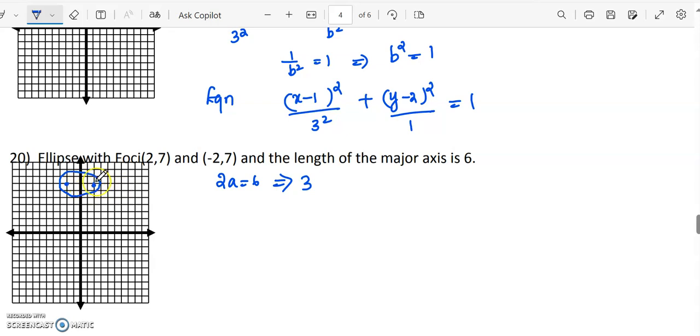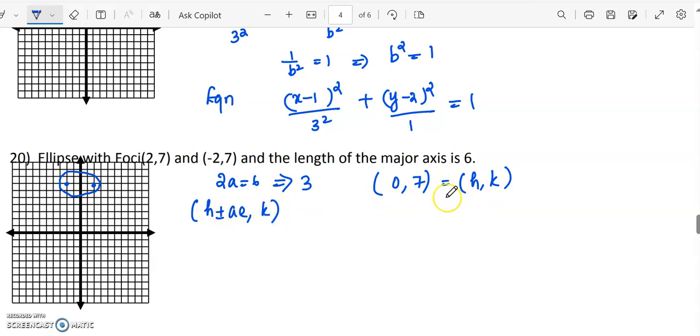So the midpoint of the major axis will be the center of the ellipse. So the center y coordinate will be 7. So we will be getting (0, 7). So that will be the value of (h, k), and (0, 7) will be the center, and the foci will be (h plus or minus ae, k).